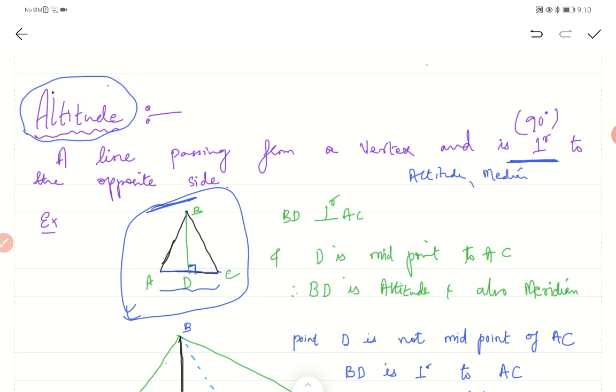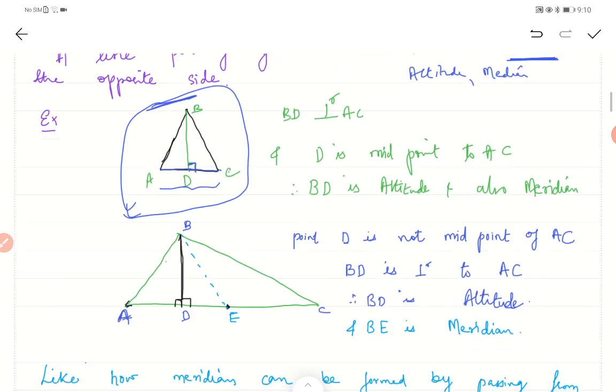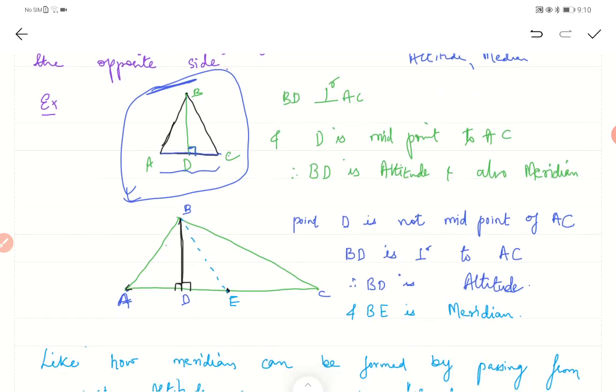Now if you have a triangle something like this, here you can clearly see D is not the midpoint of AC, E is the midpoint. From B it is coming straight down and cutting the opposite side AC perpendicularly.